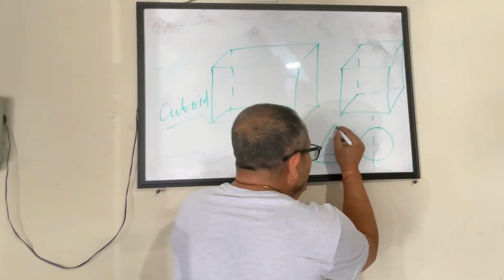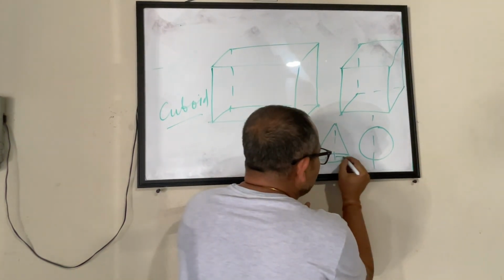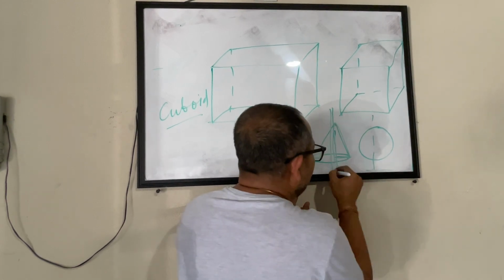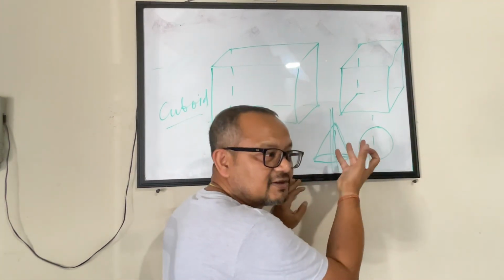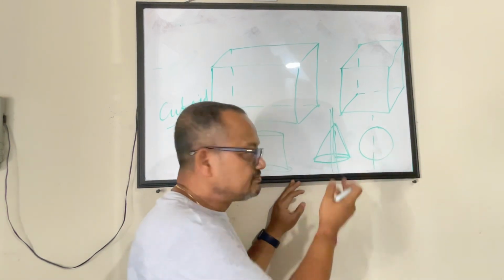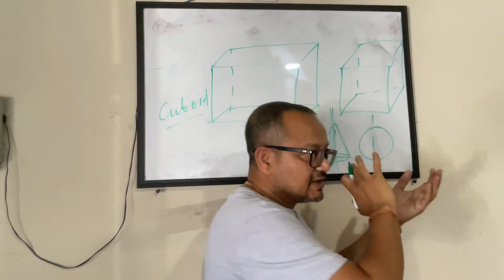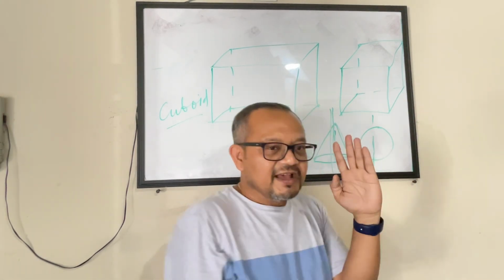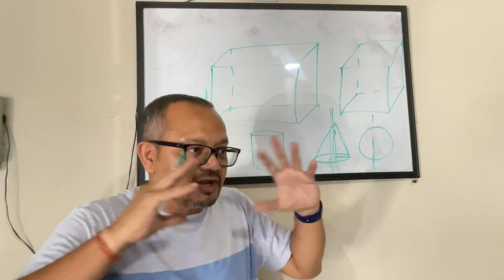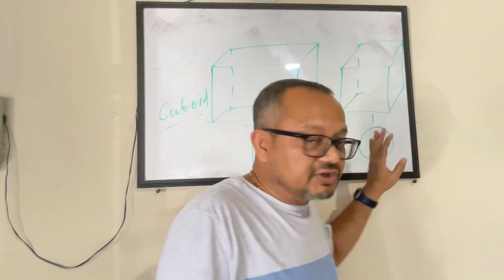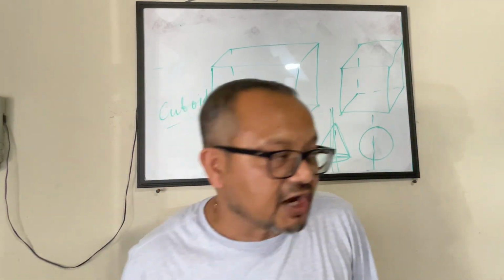And if you look at this carefully, it is actually a triangle which I am rotating against this axis, and that becomes a cone. Similarly, when I rotate this circle around this axis, it becomes a sphere or a ball that we see, or even earth for that matter. So these are the 3-dimensional objects that we'll talk about.